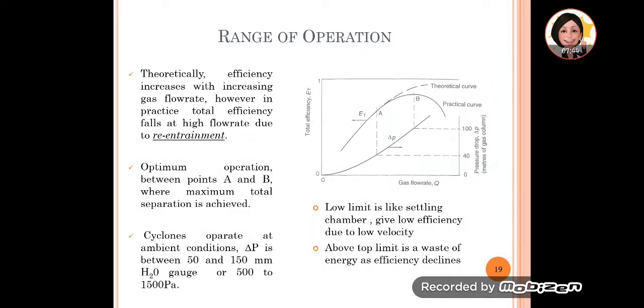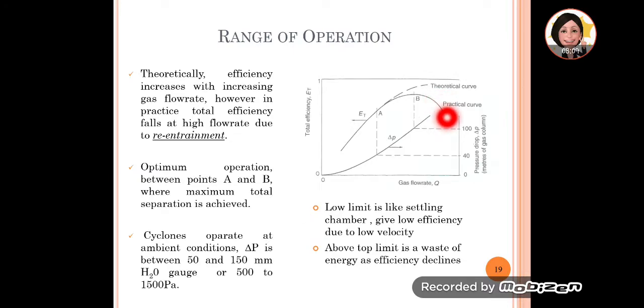Let's look into the range of optimal operation for a cyclone. Theoretically, this is the total efficiency over gas flow rate. Theoretically, the efficiency of a cyclone should increase with increasing gas flow rate. However, in practice, this is not the case. The total efficiency will actually drop due to re-entrainment.